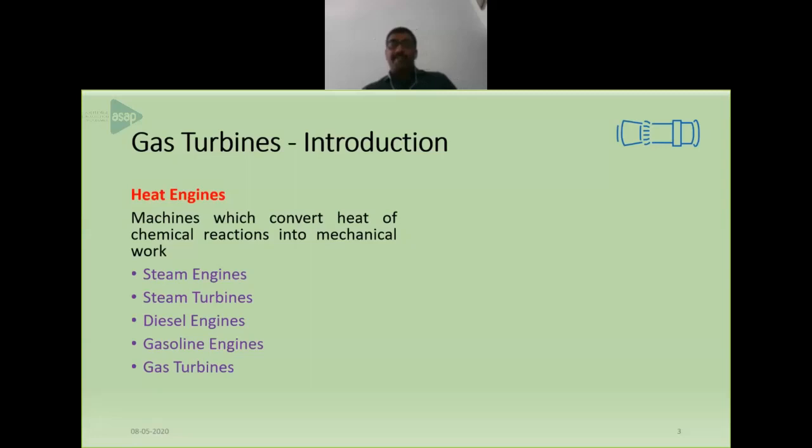The following heat engines are familiar to you, the first 4, because you have already studied these: steam engines, steam turbines, diesel engines, gasoline engines, then gas turbines. Out of these, the first 2 are external combustion engines. The next 2 are internal combustion engines, and the last one, gas turbines, can be internal or external combustion engines, but in most cases it will be internal combustion engines only.